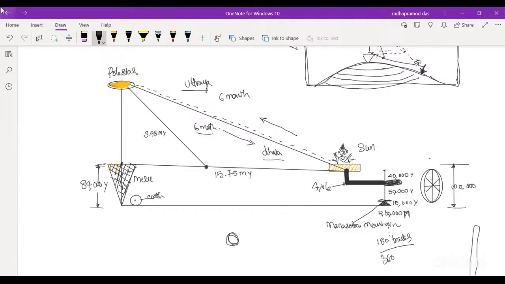Oh my God, I don't understand this 180 track. I don't understand anything here. One thing I don't understand is, you see how you have the sun god sitting on top of the wheel there?